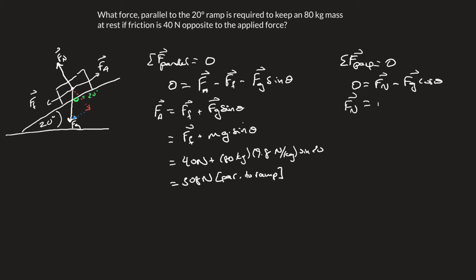And of course, this makes sense because our normal force is always equal and opposite to the component perpendicular to the surface of gravity. So that's 80 kilograms, 9.8 newtons per kilogram, cos 20, which gives us a normal force of 737, and that's perpendicular to the ramp.